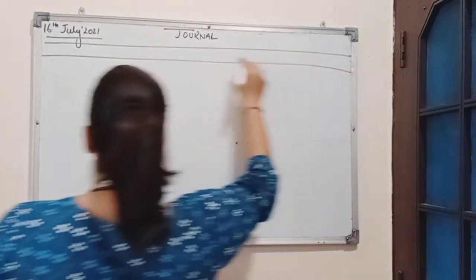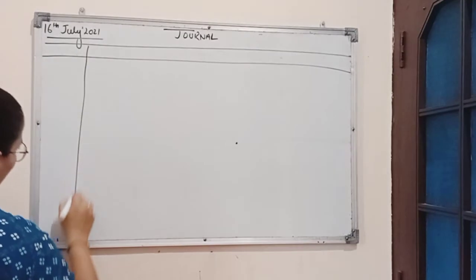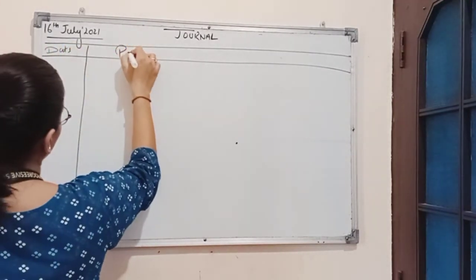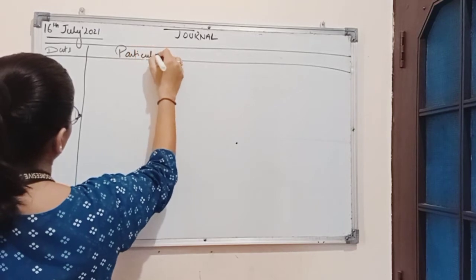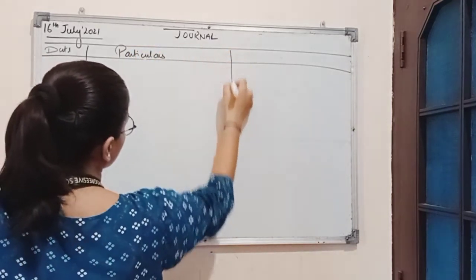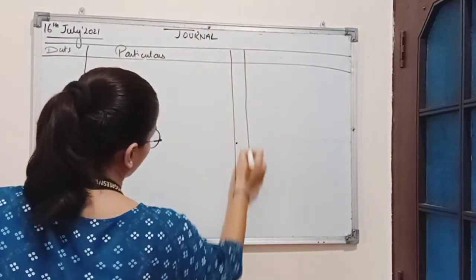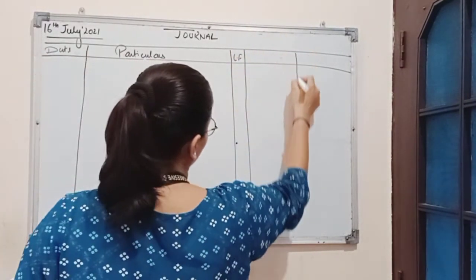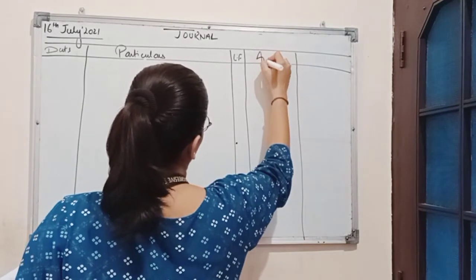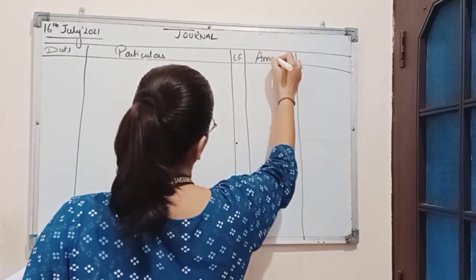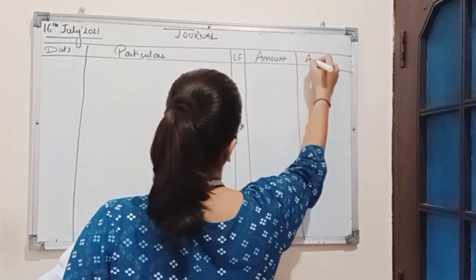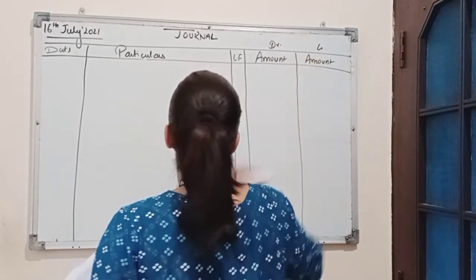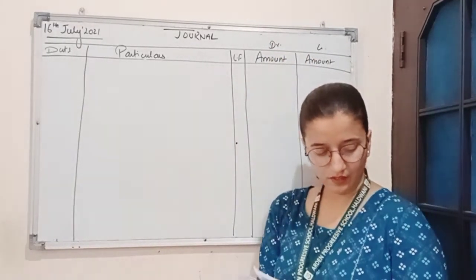The format of journal consists of 5 columns: first date, then particulars, ledger folio, debit amount and credit amount. So this is the format of journal.